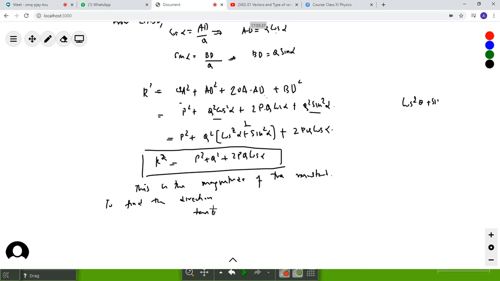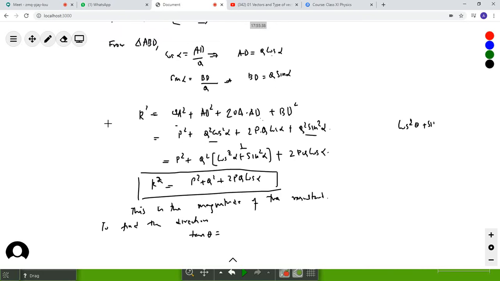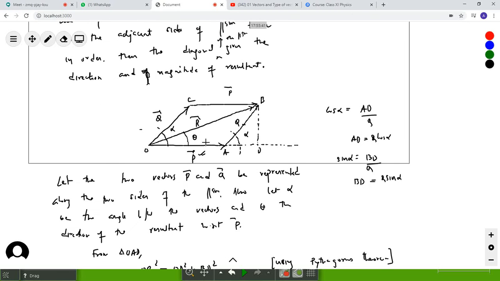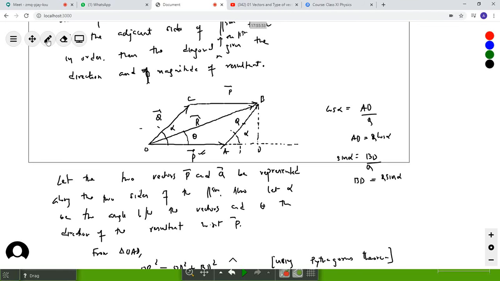We're going to write tan theta equal to how much? Tan theta would be perpendicular by base. So perpendicular is BD, and base is OD. So tan theta would be equal to BD by OD.